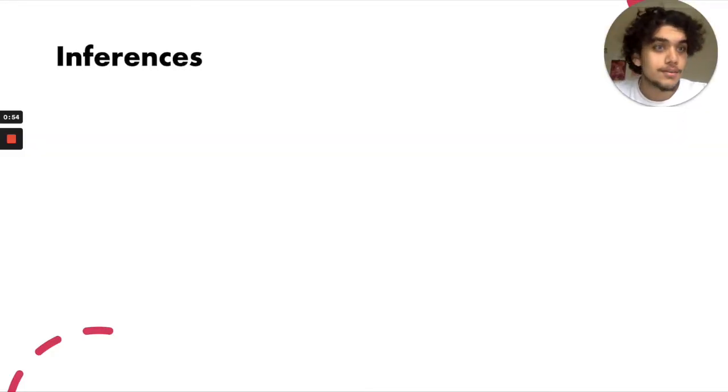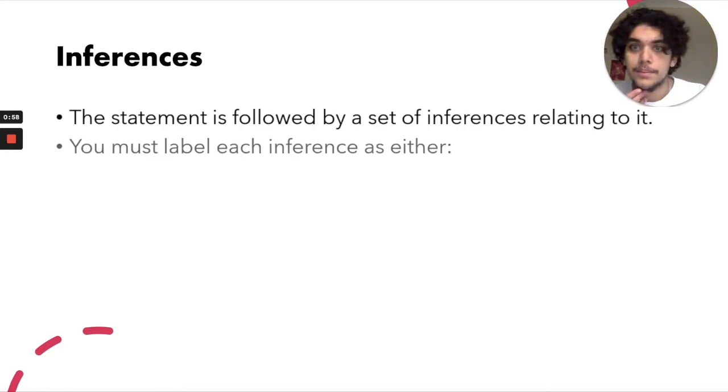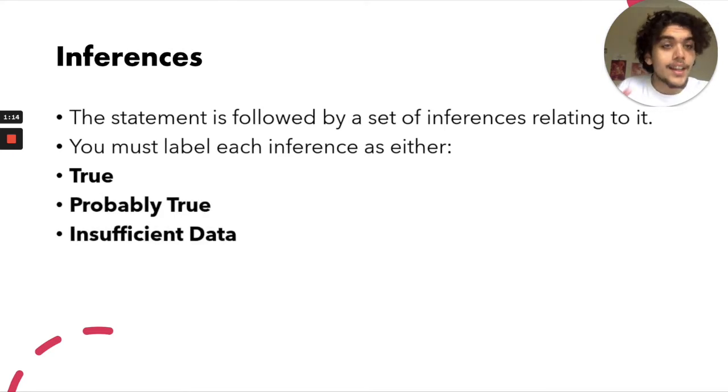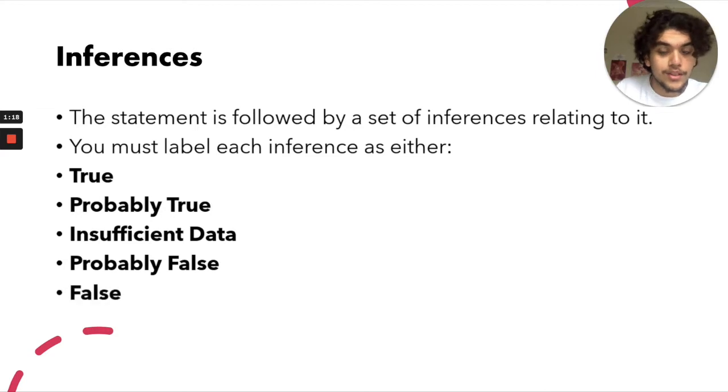So what sort of different types of inferences are there? This statement will be followed by a set of inferences that relate directly to it, and each inference can be labelled in 5 different ways. First, they can be labelled as true, probably true, insufficient data, probably false, and false.